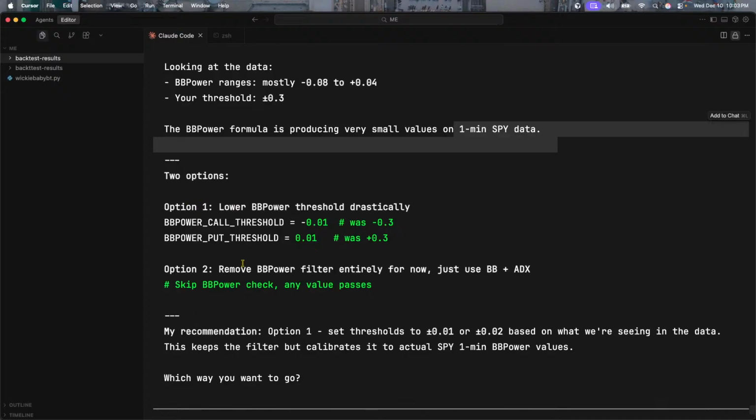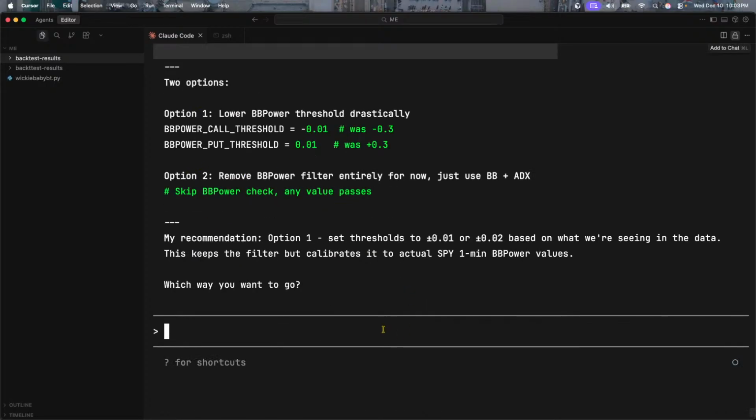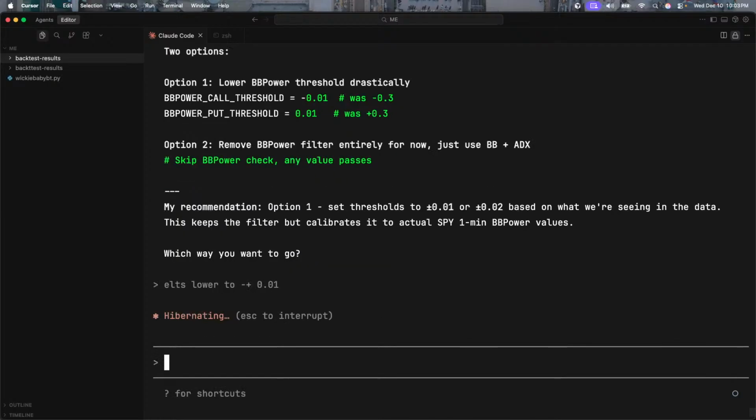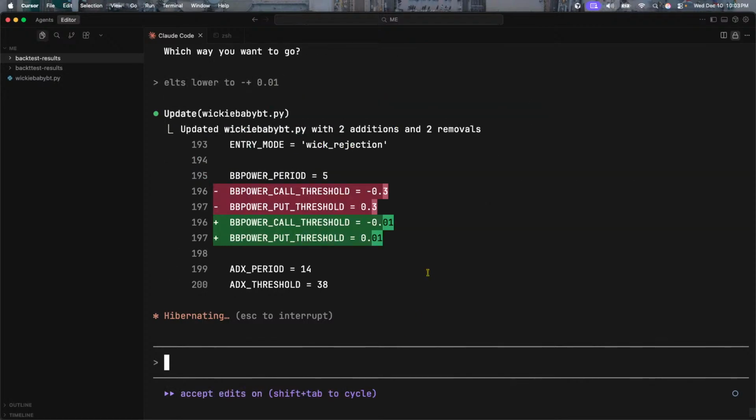So lower the threshold. All right. Let's lower it to negative 0.1, plus or minus 0.01. Let's go to 0.01. Let's make that happen.